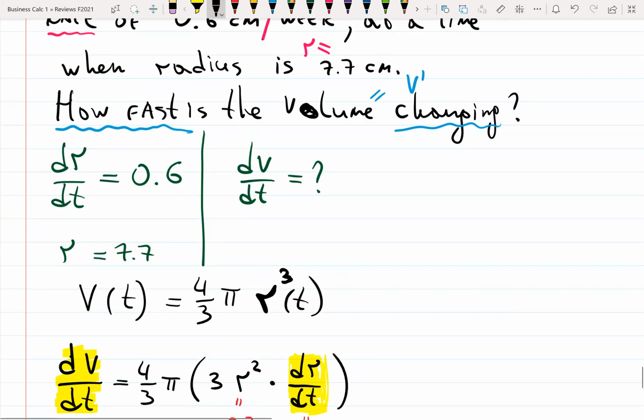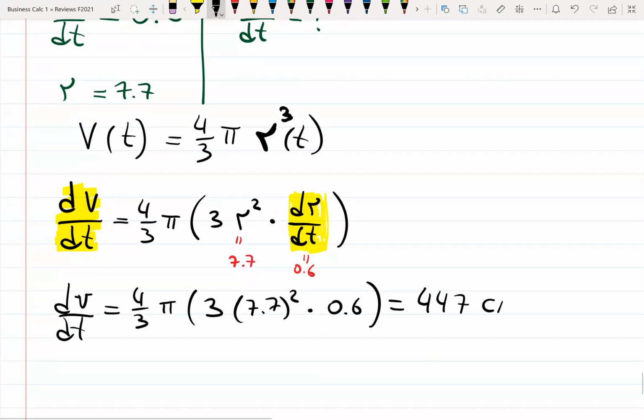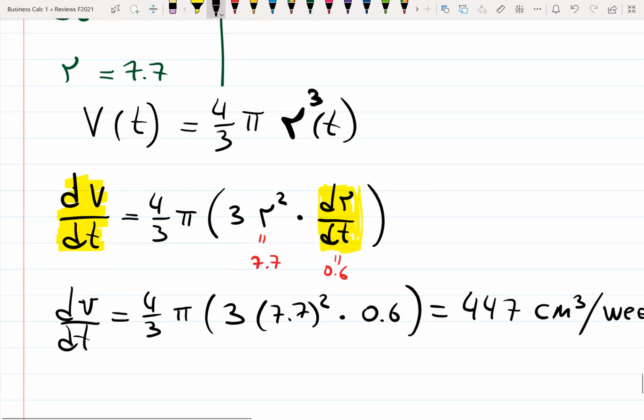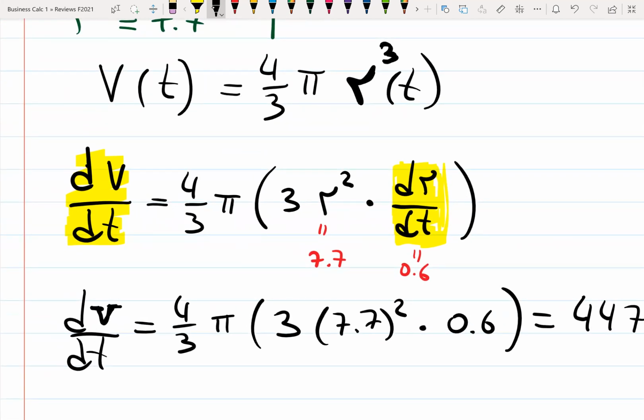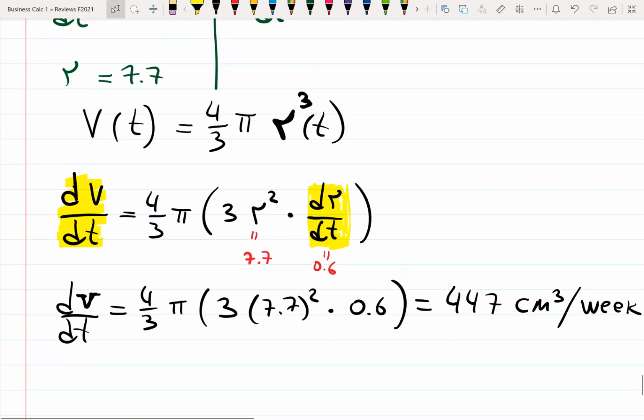So you just need to find what it was. Centimeters cubed per, t was in weeks, but is it weeks squared, cubed, or just weeks? Just weeks. This is how you should see it. V is the volume, so it definitely is changing in cubic centimeters, literally a cube, centimeter cubed, per what? Per one week. So weeks do not change here.